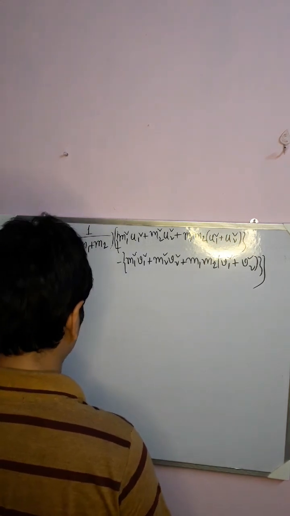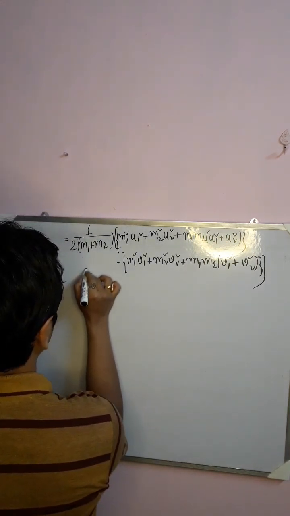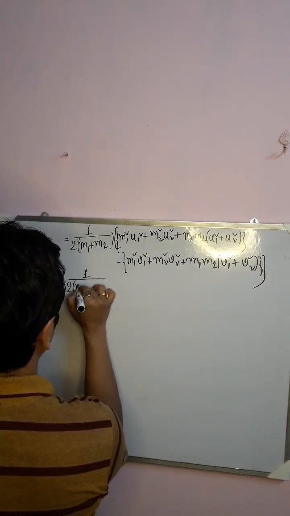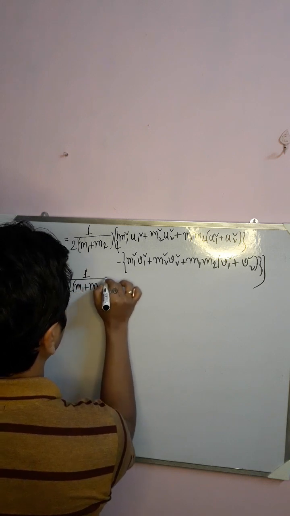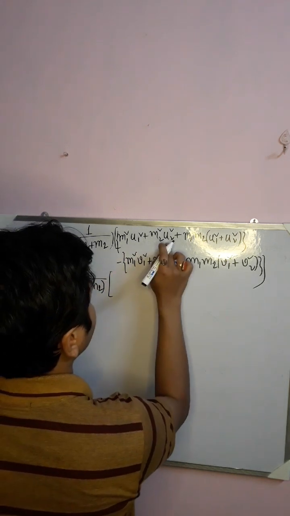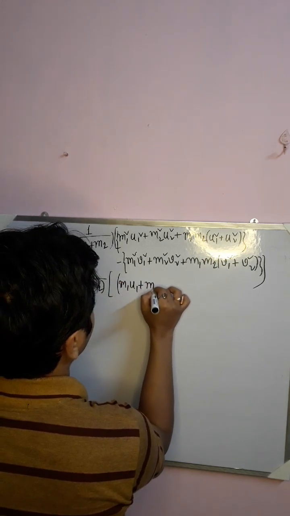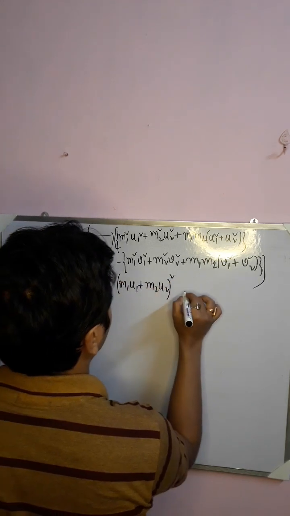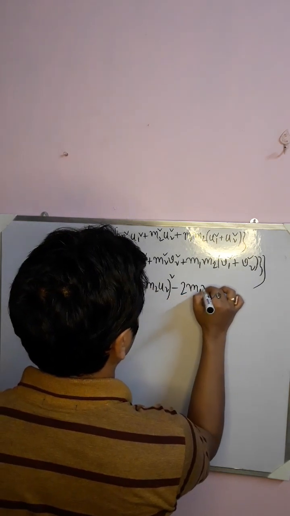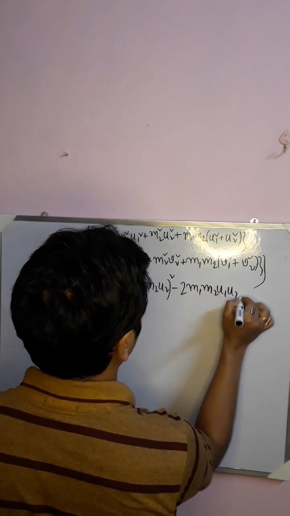Now this is simply 1 by 2 m1 plus m2, a square plus b square we can take as a plus b whole square minus 2ab, 2 m1 m2 u1 u2.